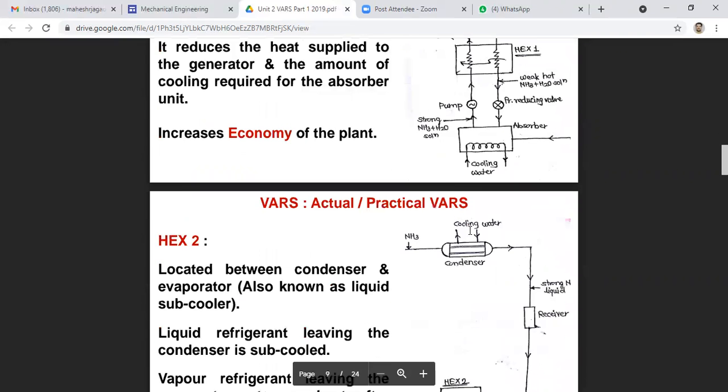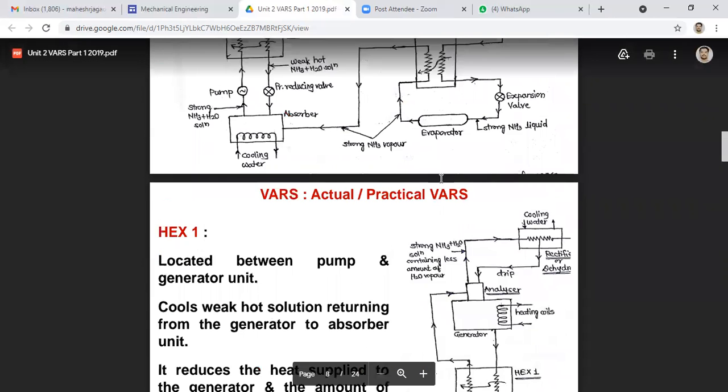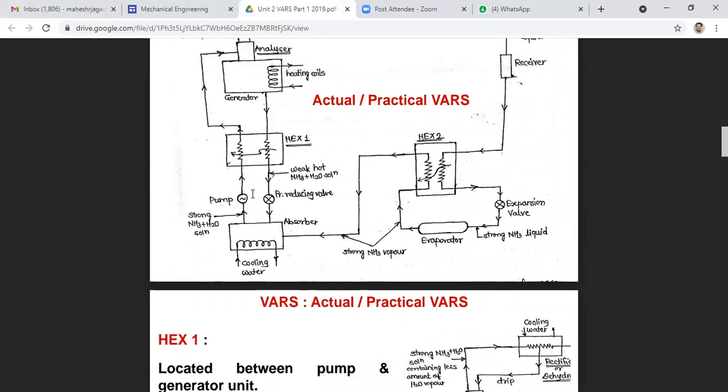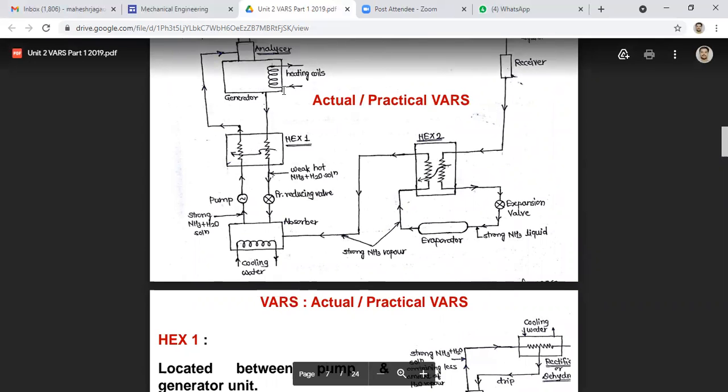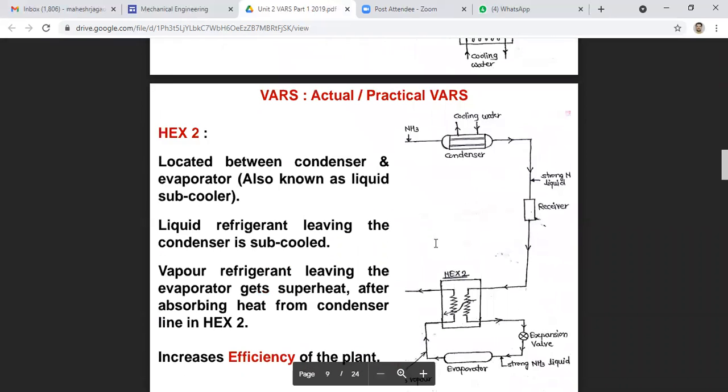Upon the work done by the pump plus heat supplied in the generator. So work done by the pump means the power required to drive this pump, and heat supplied in the heating coil. So these two are the input and the desirable effect we are getting is in the evaporator.